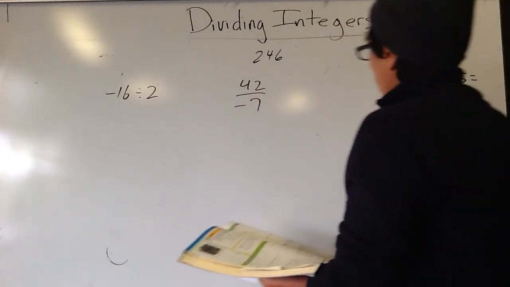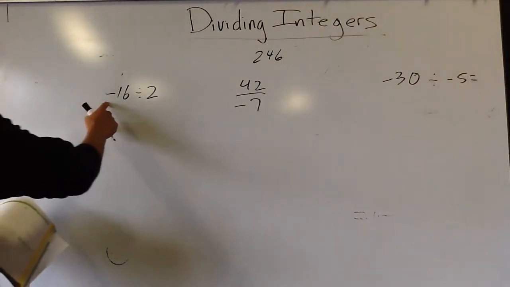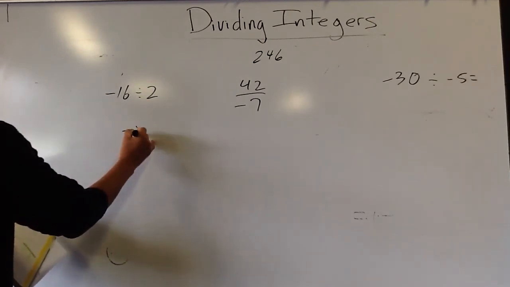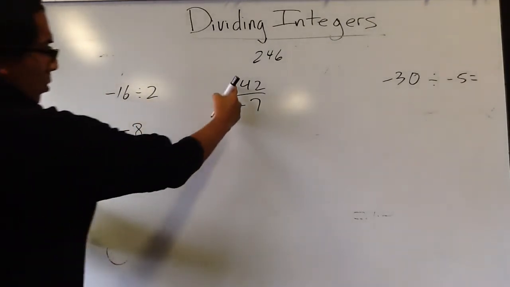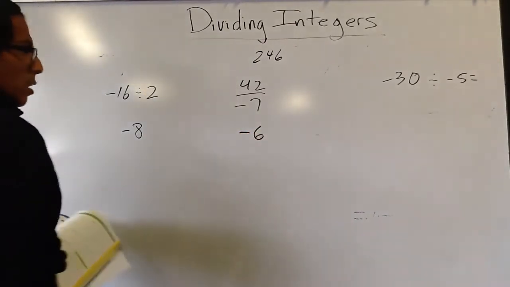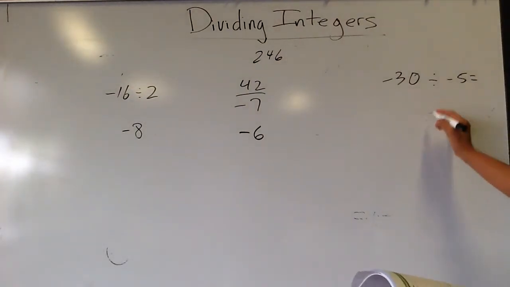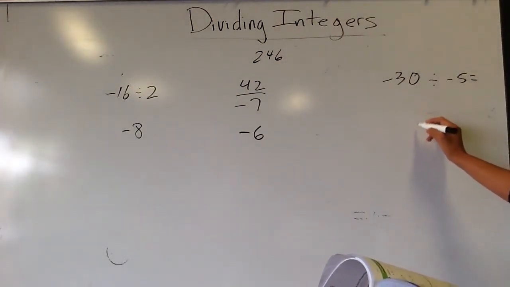I've got to work on my neatness. All right, we have one negative here. We're dividing it by a positive, so it's negative 8. 42 divided by negative 7, negative 6. Negative 30 divided by a negative. What's a negative divided by a negative? It is a positive 6.